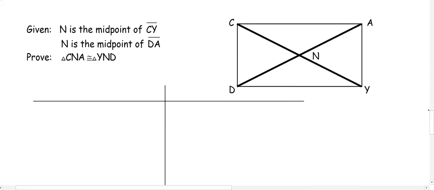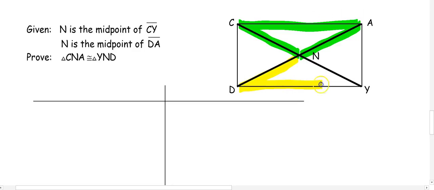So in the last proof, this one's a little bit tricky because we're looking at triangle CAN and triangle DYN. So the CD and the AY really don't have any point to be there. They're just there in our picture, but we're not going to use anything with them.